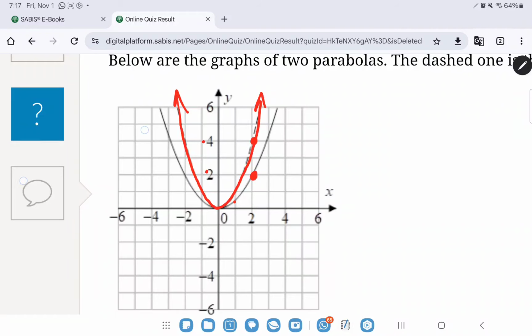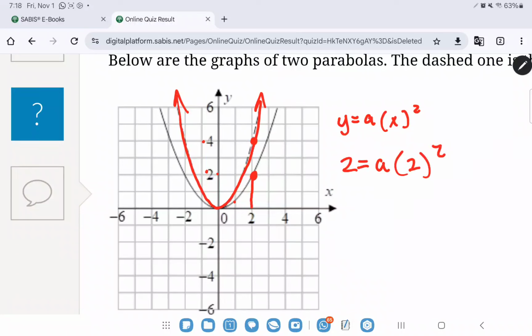Or you could use your equation, y equals a times x squared. When you have it at 2, your y is 2, so you replace y with 2, equals a times 2 squared.